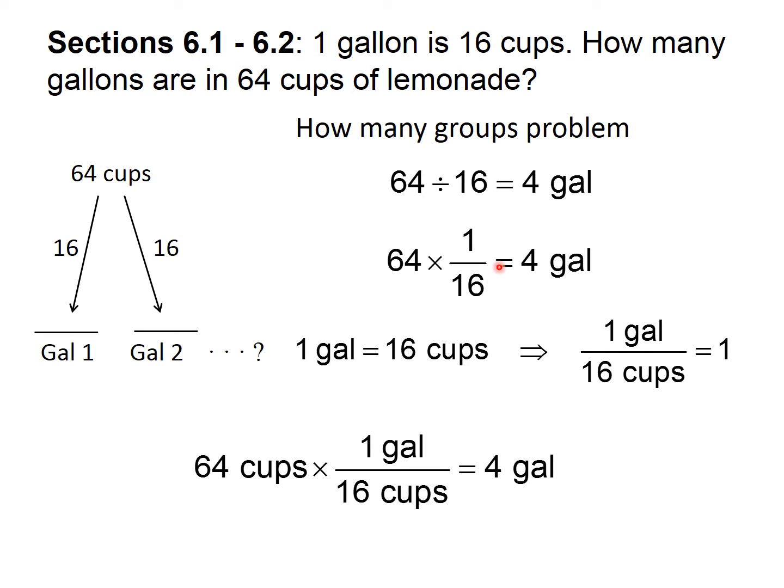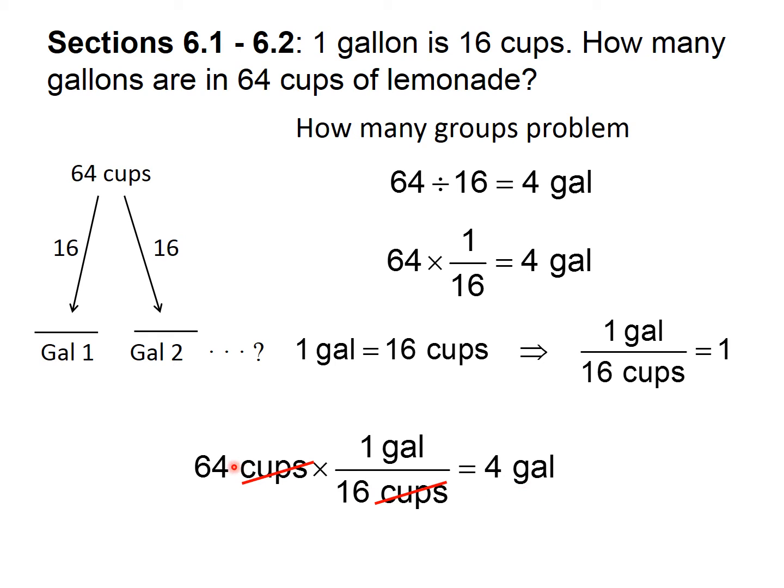Now if I go back to this version of the solution, I could think of this as taking 64 cups times the fraction 1 gallon over 16 cups. Again, notice that we've got cups in the numerator and cups in the denominator. Those cancel off, and so the unit that's left is gallons.